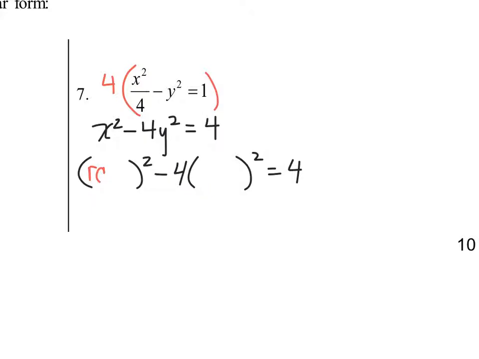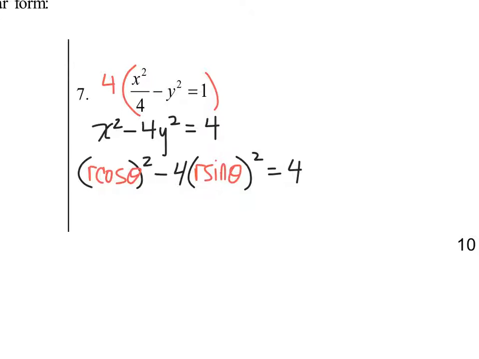So (r cosine theta) squared, because the x is squared, and r cosine theta is the same as x, minus 4 times the y squared. Y is r times the sine of theta, as a quantity squared. All right. For some of these cases, you want to be on the lookout for some trig identities, because sometimes they can come into play.